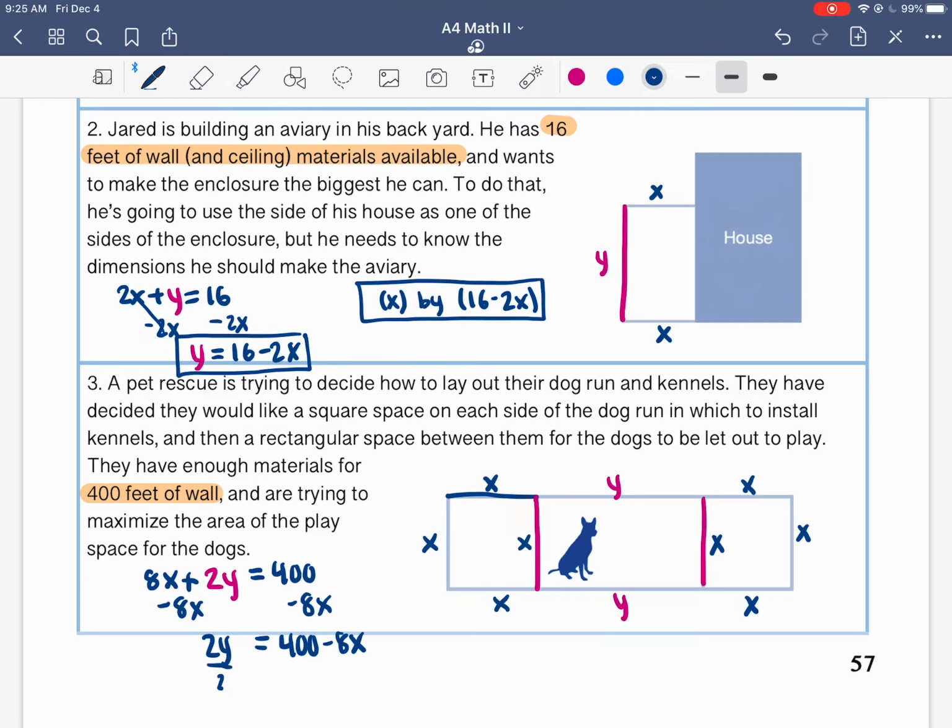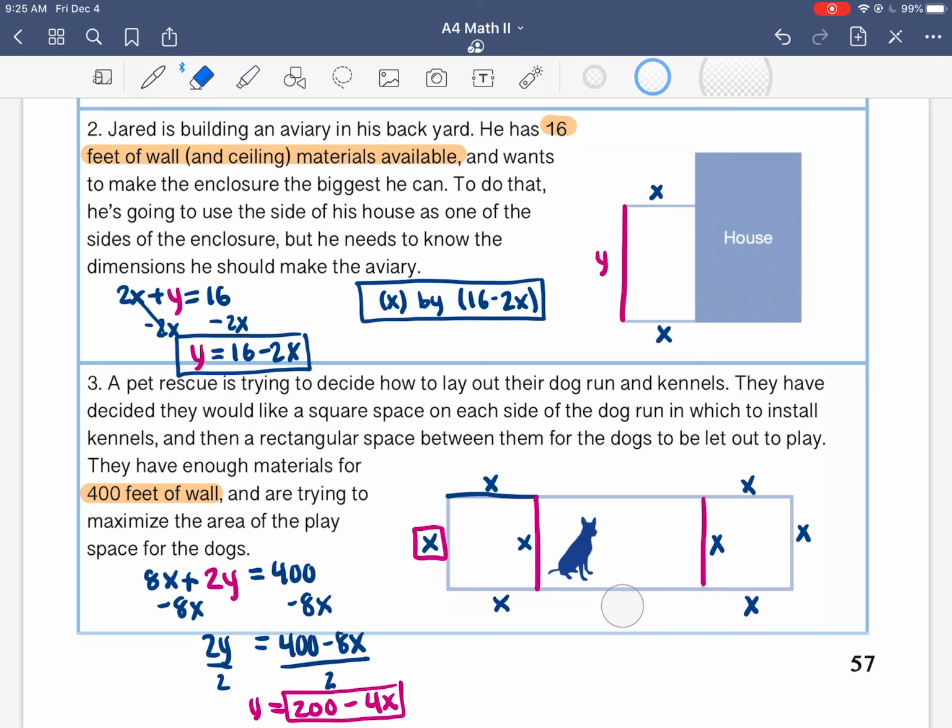And then the last step will be to divide by 2, so that we have y equals 400 over 2 is 200, and 8 over 2 is 4. So I get this expression of 200 minus 4x. So these side lengths are x, and then y is 200 minus 4x.